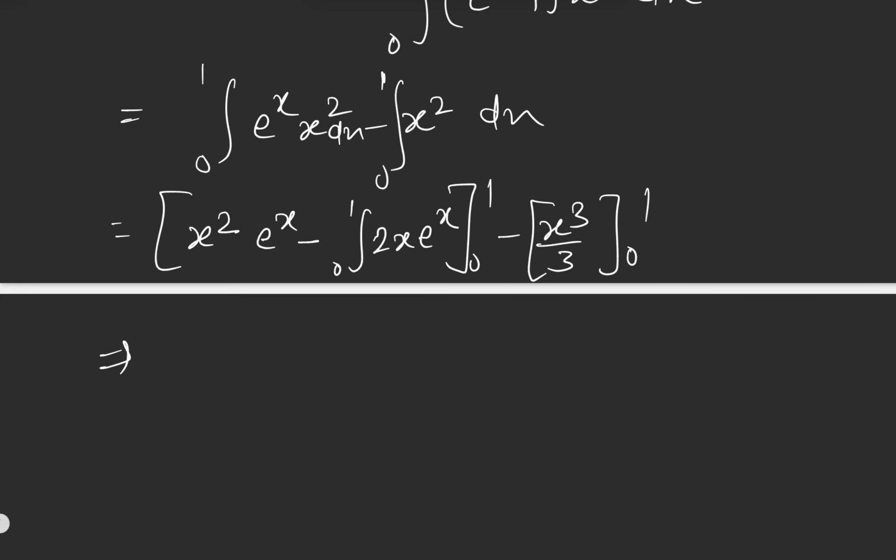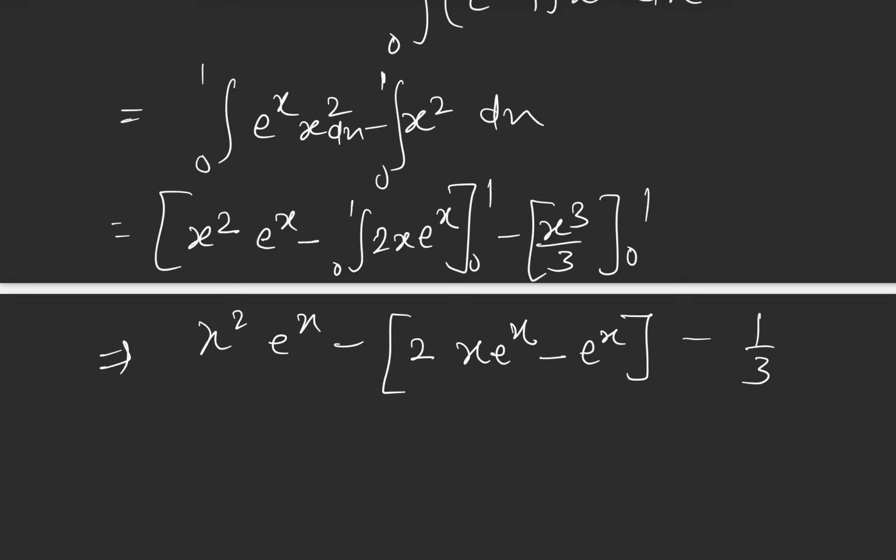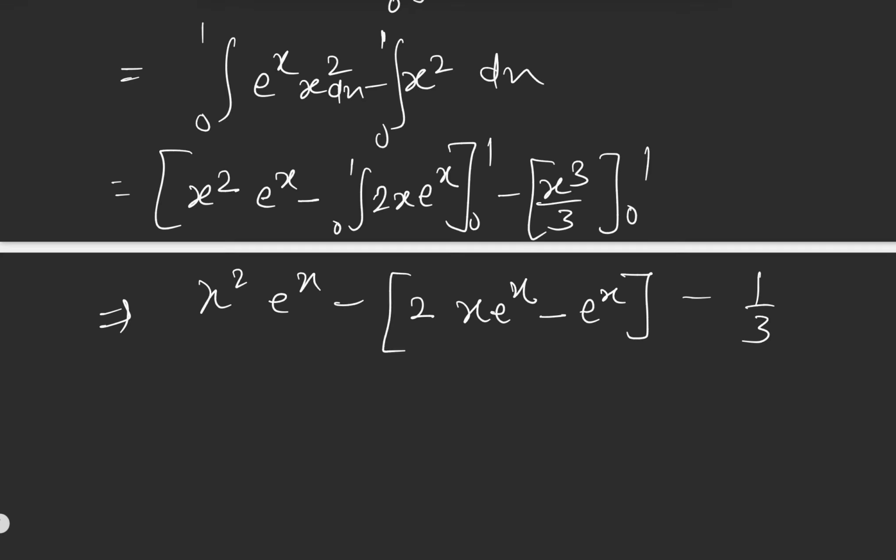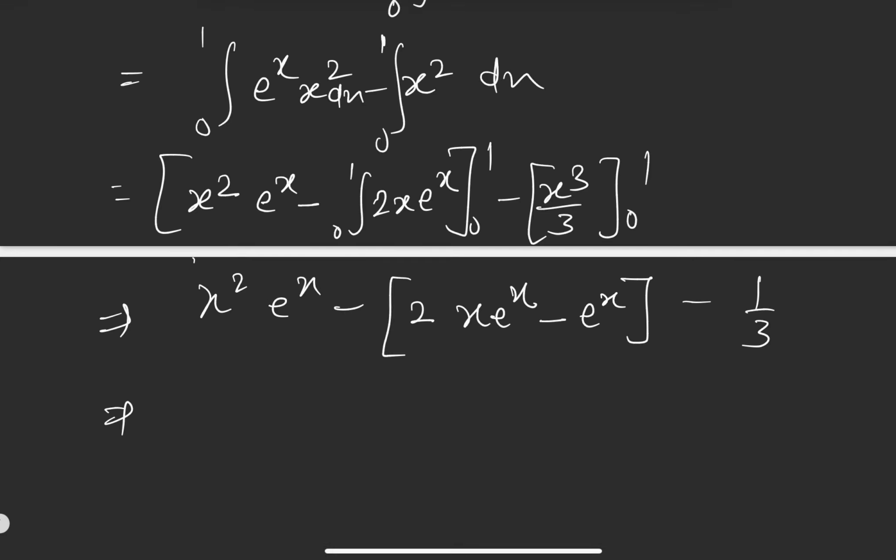Okay, let's solve first. So x square into e power x minus, again we need to solve this actually, so 2 will be here, x as first function into integration of second function minus e power x, minus 1 by 3, I'm writing directly. Okay, so now I will give limit 0 to 1 in this full expression.